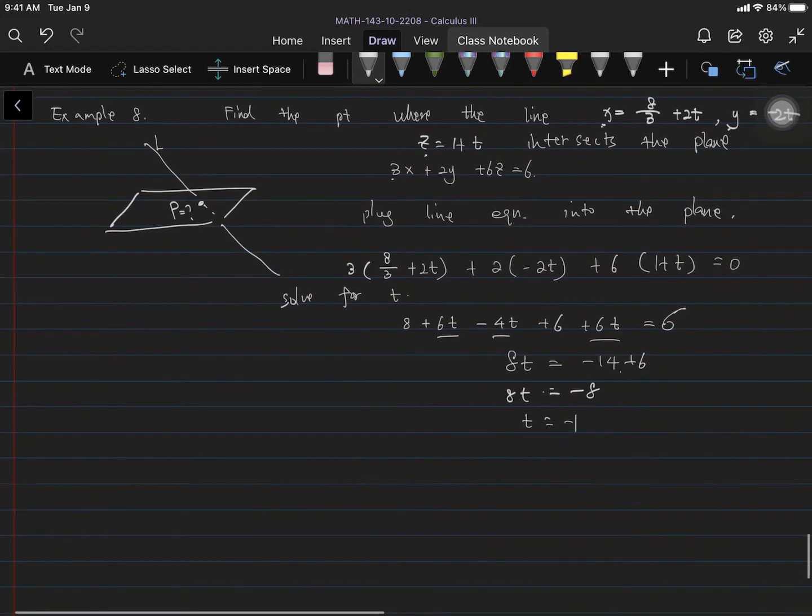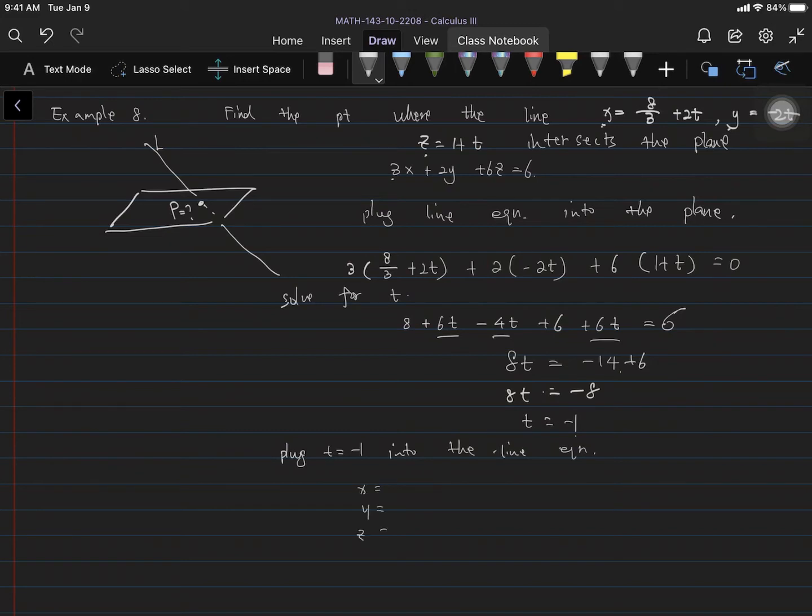So when t equals -1, the line intersects the plane. But we're not looking for t, we're looking for the point, right? Next, we just plug t equals -1 back into the parametric equations for the line. The line equation gives x, y, and z.